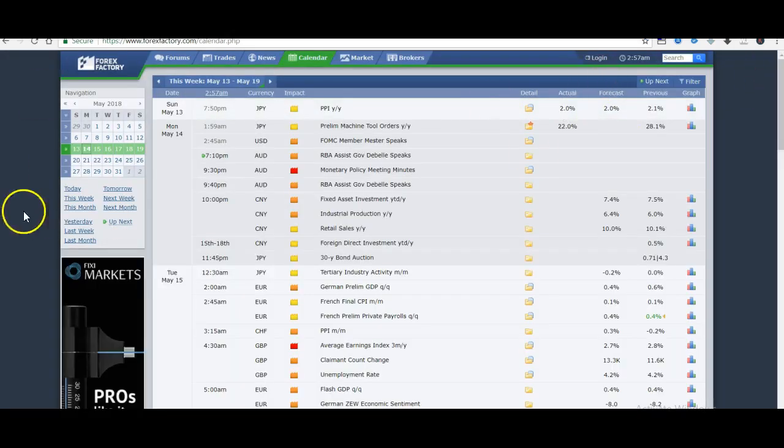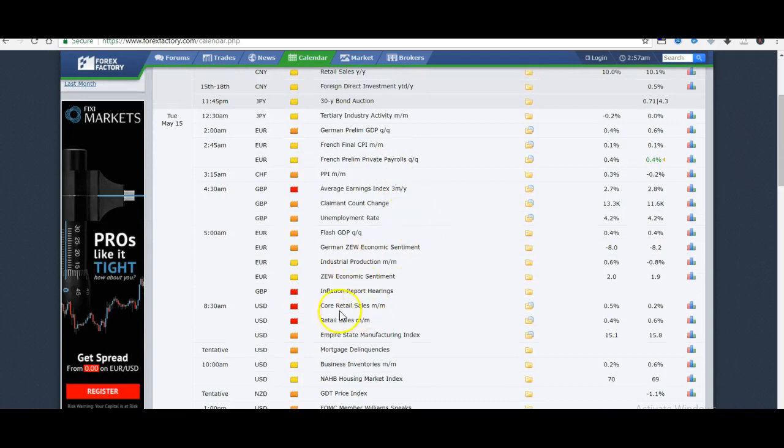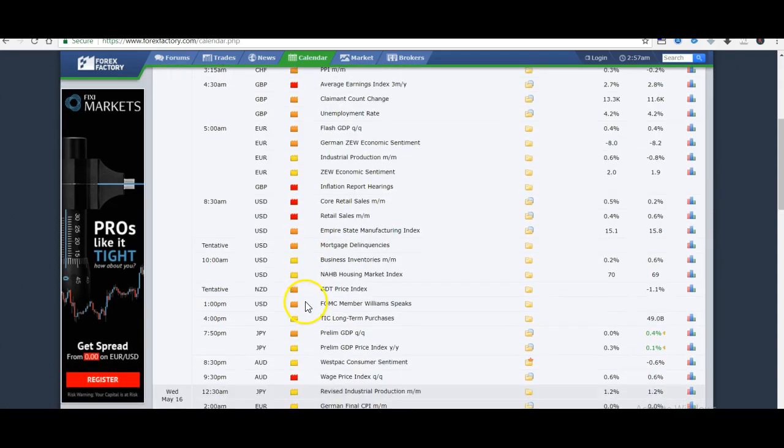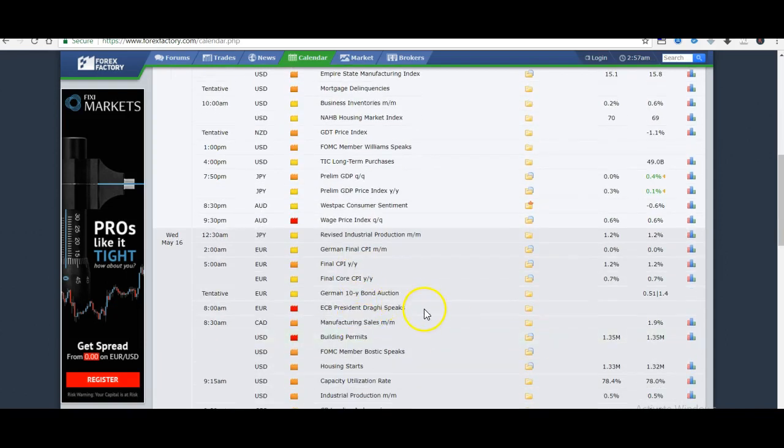Okay, news this week. On Monday we have monetary policy minutes. Tuesday we've got core retail and inflation in the pound this week, so eyes will be on the pound. Earlier this week also, core retail sales on the dollar and the Aussie wage index. Draghi speaks on Wednesday.